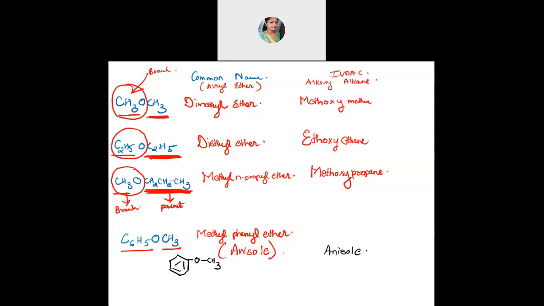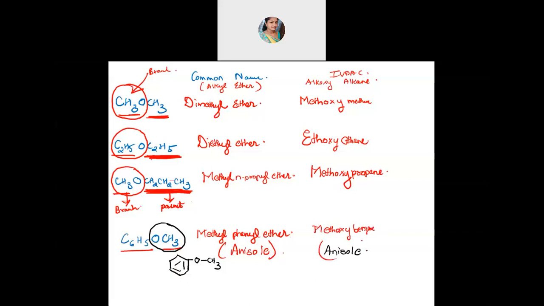It is accepted. But otherwise, the IUPAC name is what? Which is the smaller one? OCH3 is the smaller one, and it is attached to the benzene ring. So the name is methoxybenzene. Methoxybenzene is the name.